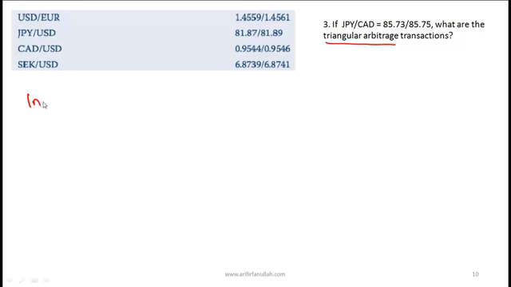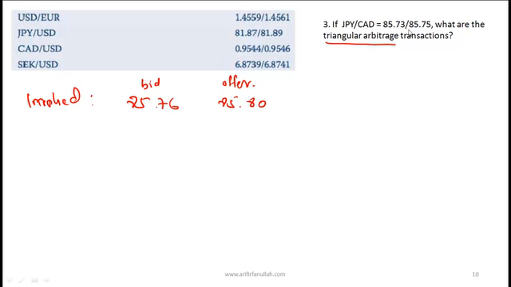The implied cross rate, which we just calculated in the previous example, is 85.76, which is the implied bid, and 85.80, which is the implied offer. So this is the implied cross rate.